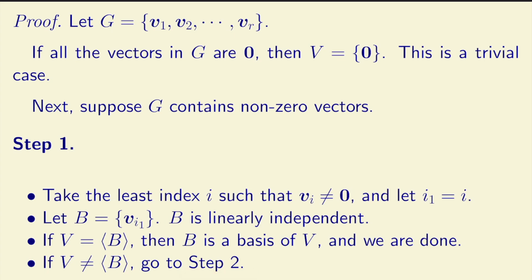So we start with the first non-zero vector and see if it spans the whole space. Probably not, usually. Exactly. So, if V is not spanned by B, we move to step 2.